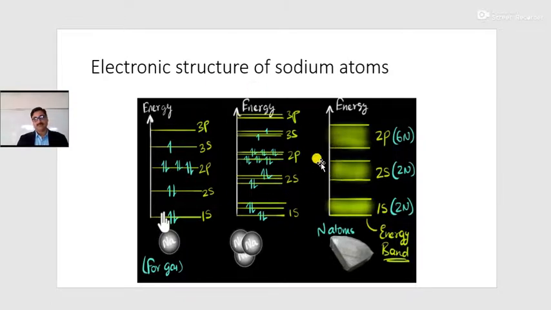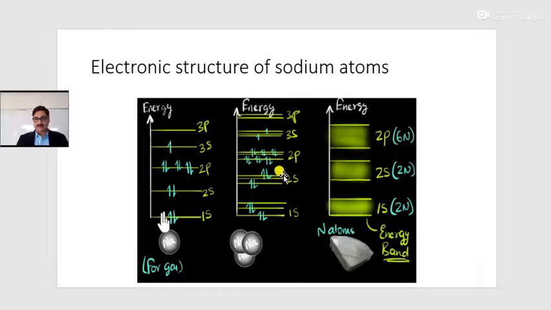Similarly, the electronic structure for sodium, that is the electronic configuration of sodium, is taken under consideration, then energy lines are shown in this diagram.